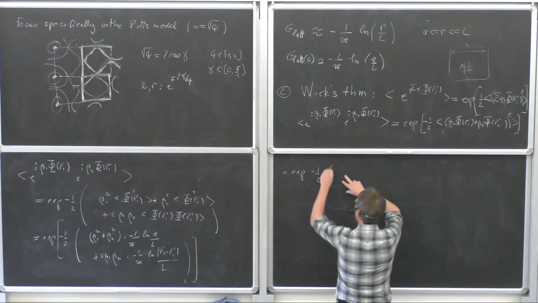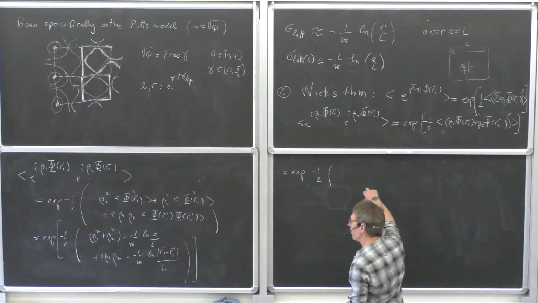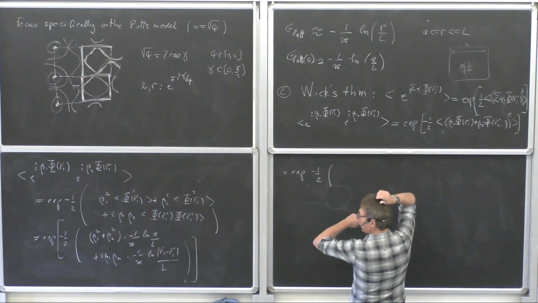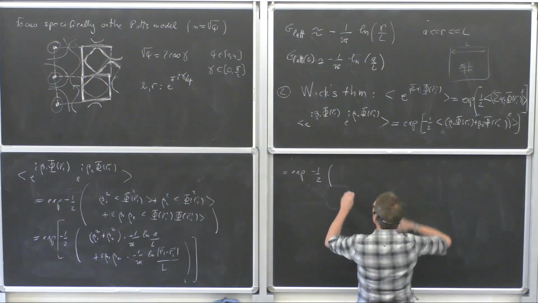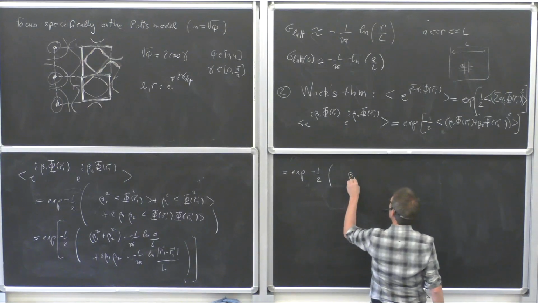Exponential minus 1/2, and then I have, so I'm gonna add and subtract beta 1 beta 2.